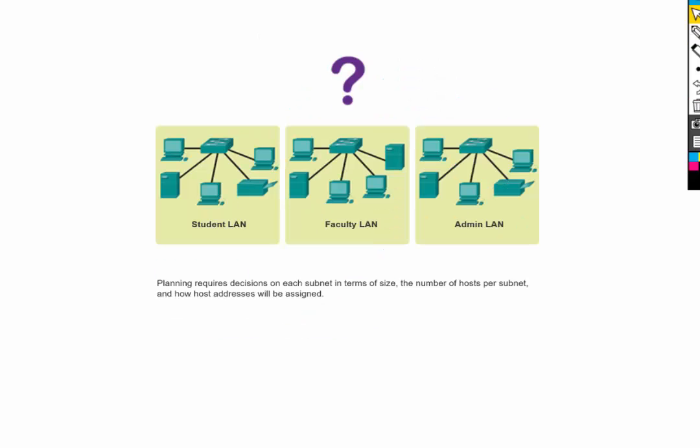To design the subnets inside the network, we have to take into consideration some factors like what are the needs for each subnetwork. For example, a subnetwork can cover a lab in a university, or an office in an organization or a company.